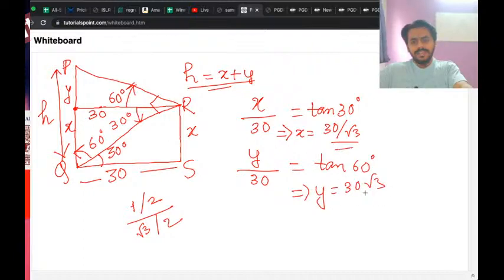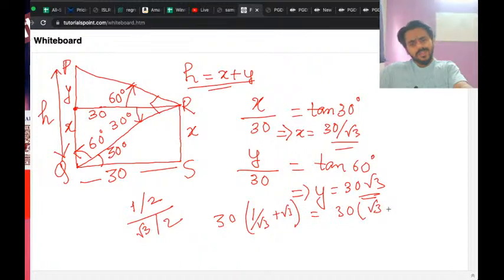So I need to add these two numbers, so take 30 common, then you will have 1 by root 3 plus root 3, which is essentially 30 into 3 plus 1 divided by root 3, right?